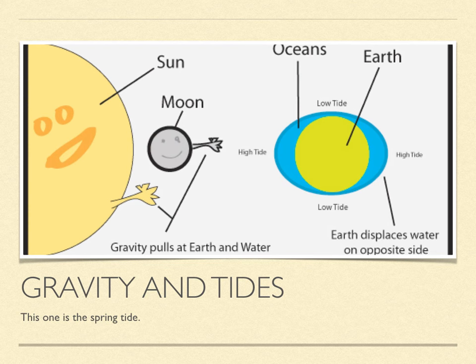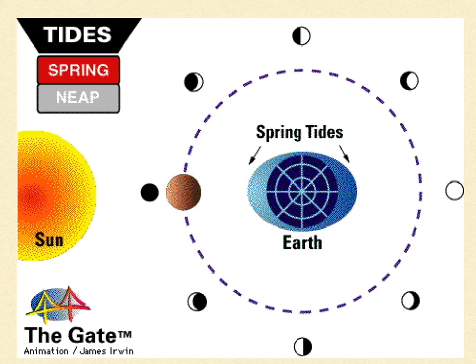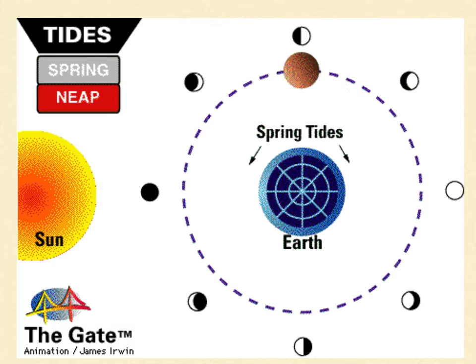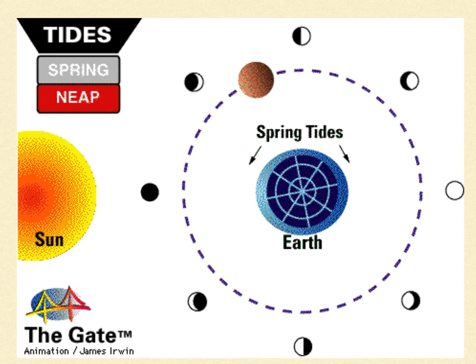Now, as the moon orbits around, that changes. So in this slide here, you can see the different positions of the moon and what it does with our tides. You'll see that the tide indicator is switching between neap and spring. And when the moon is lined up, we have a spring tide.